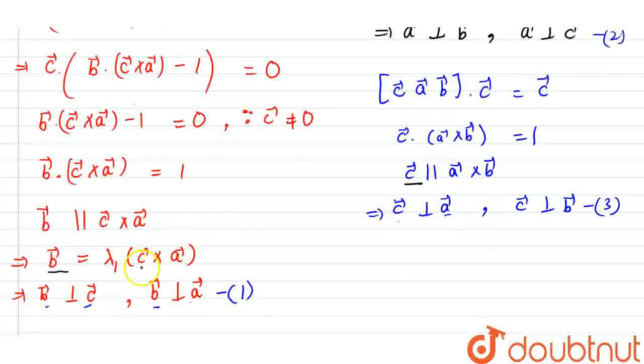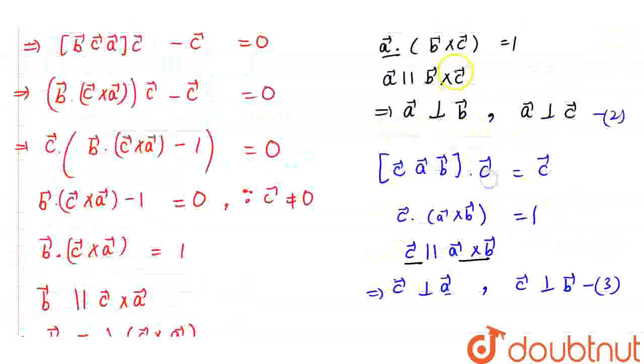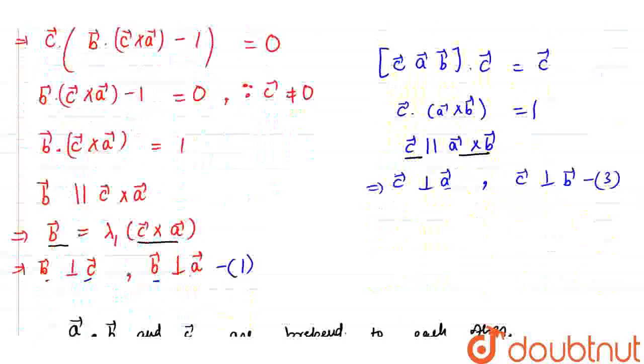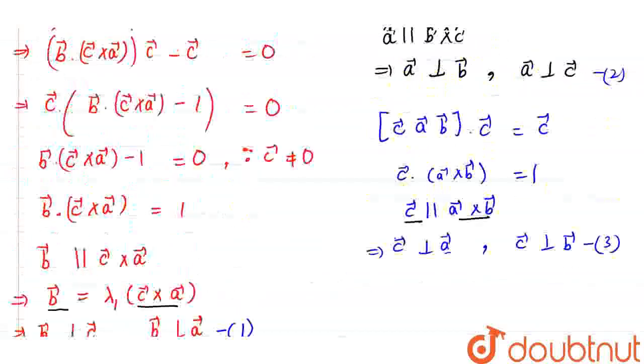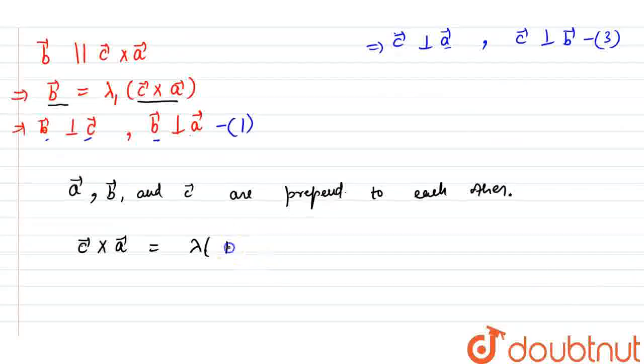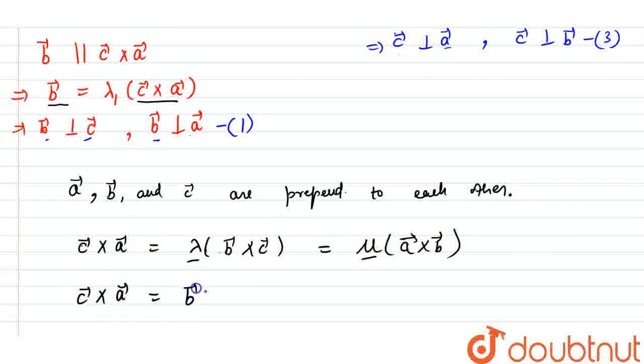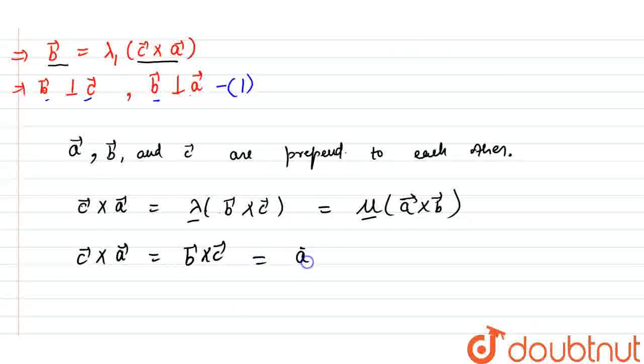So we can say that their cross products C cross A, A cross B and B cross C must be parallel to each other, and thus C cross A is some scalar times B cross C, and this will be equal to some scalar times A cross B. And if we take lambda and mu scalars as 1, we can say that C cross A is equal to B cross C, which is equal to A cross B.